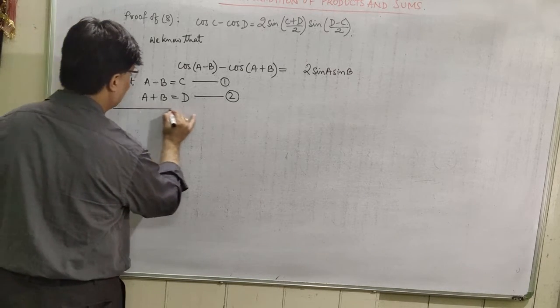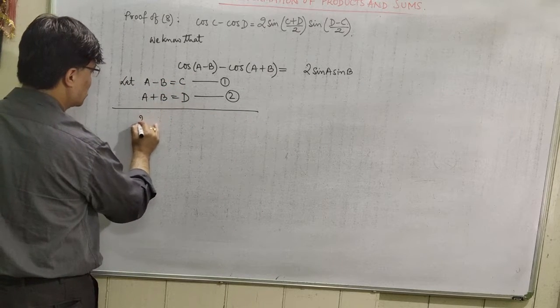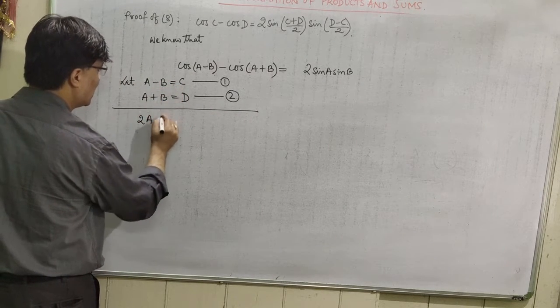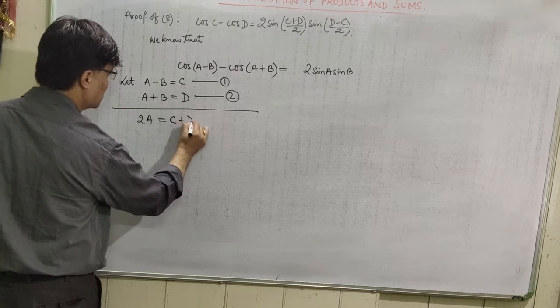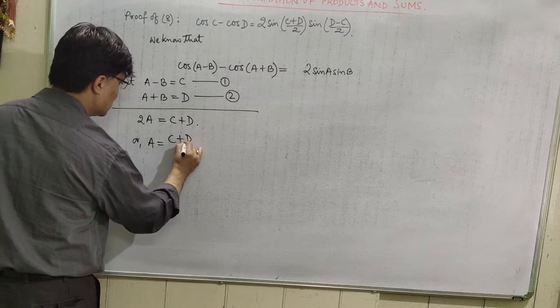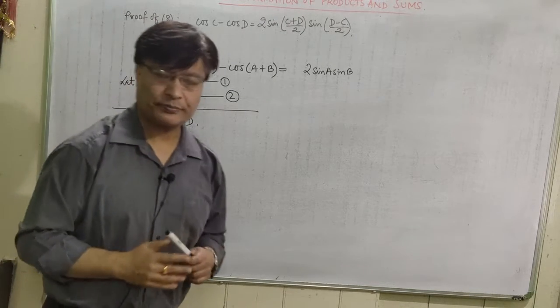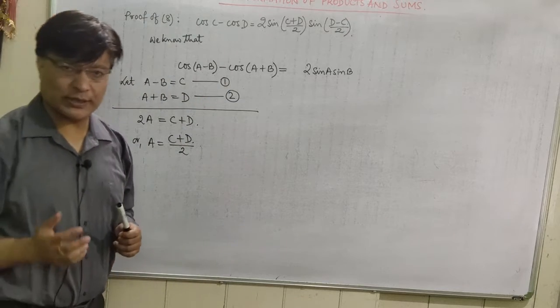You can solve it again, right? Here b gets cancelled, a plus a is 2a. 2a is equal to c plus d, or a is equal to c plus d whole divided by 2. So I think you have understood it.